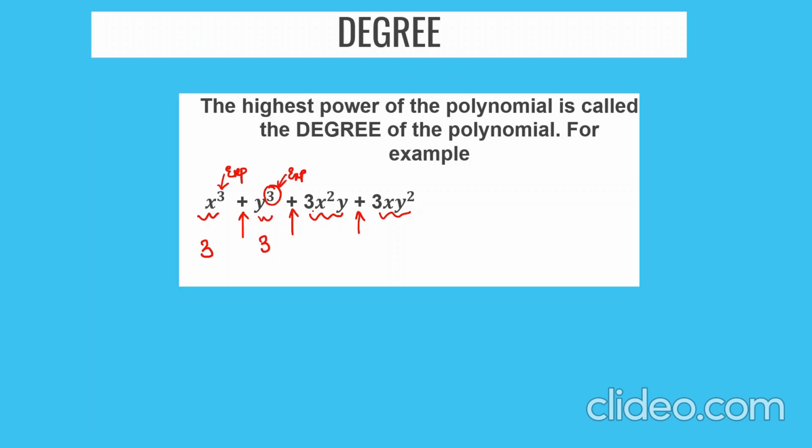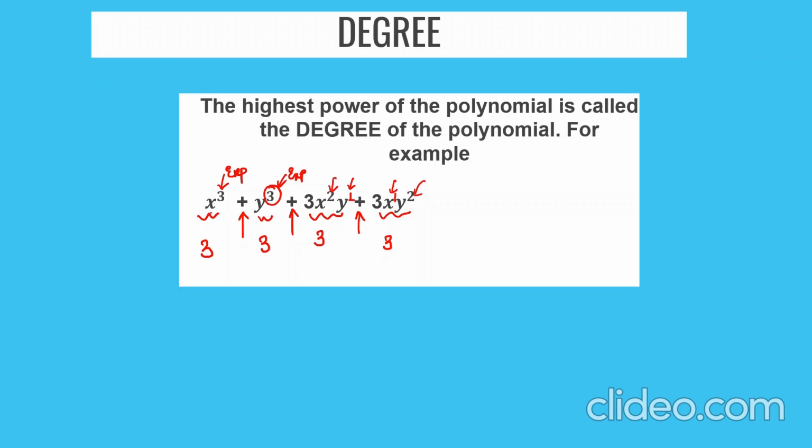Now check 3x square y. Here there are two variables. The exponent of x is 2, the exponent of y is 1. In total 3. Similarly, in 3xy square, 1 is the exponent of x, 2 is the exponent of y. So in total we have 3, which is the degree of this particular term.